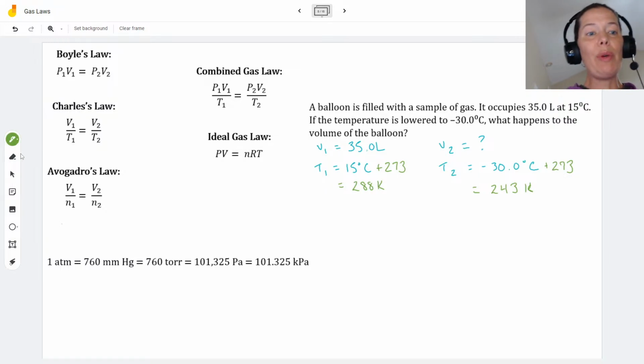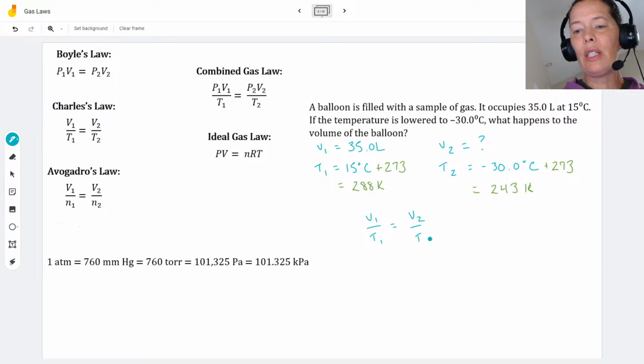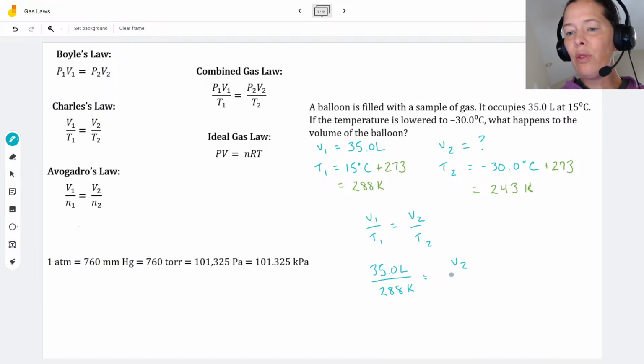All right, now we can plug in to Charles's law. So let's write Charles's law down. V1 over T1 equals V2 over T2, and we can plug in. Okay, so we have 35 liters over 288 Kelvin is equal to V2, which is what we're trying to find, over 243 Kelvin.